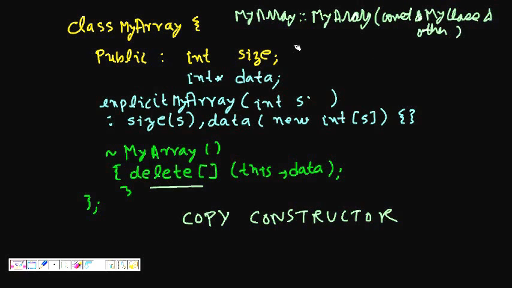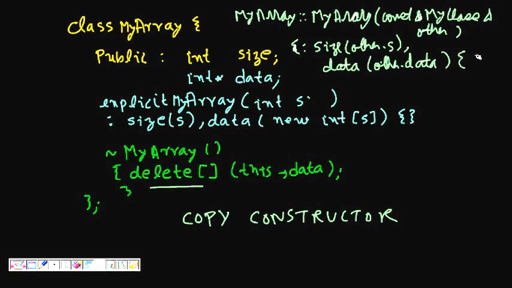Then size will be other dot size, and the data will be equal to other dot data. So this is the default copy constructor.